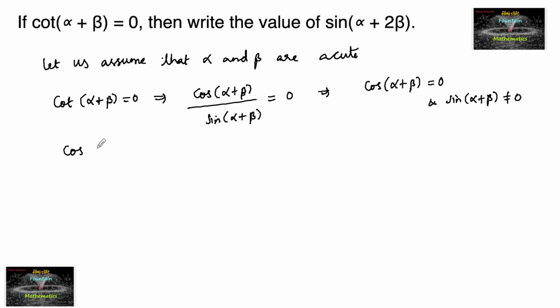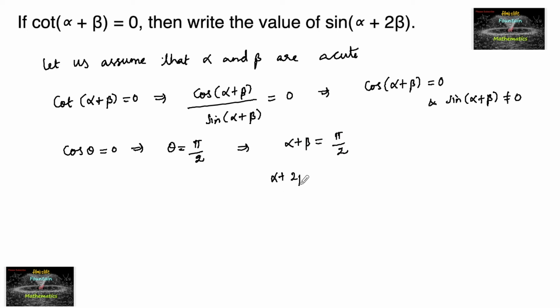Since we know that cos theta is equal to 0, and alpha and beta are acute angles, theta can be taken as pi by 2. So alpha plus beta can be taken as pi by 2.